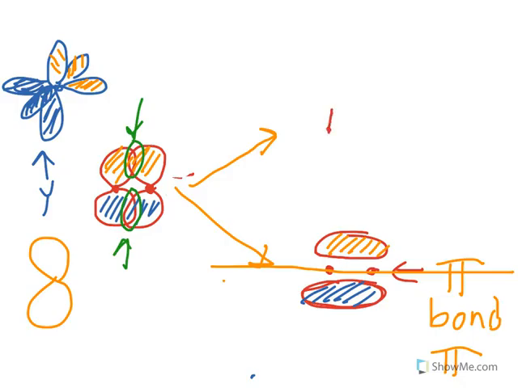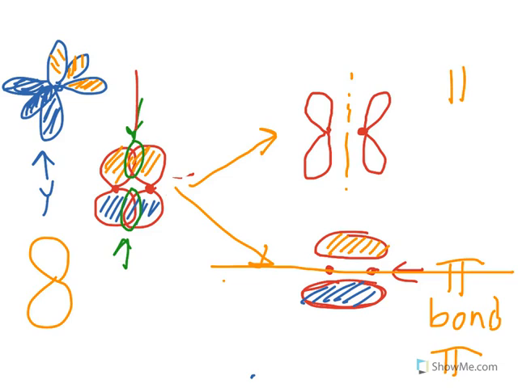I just kind of go like that for the one, and the other one is going to go like this. Notice we're canceling in the middle, so I have no bond density through here. And this is called a pi anti-bonding. So we use pi star for that.